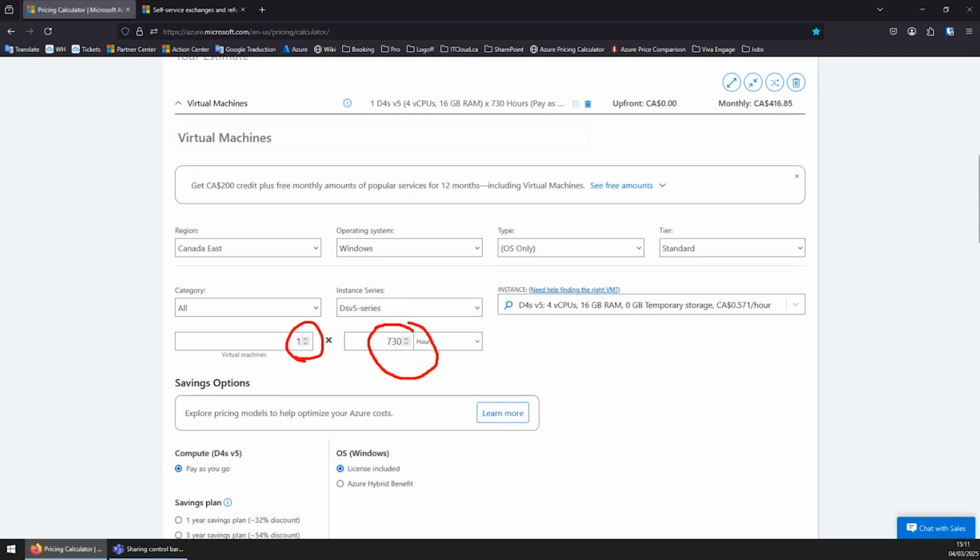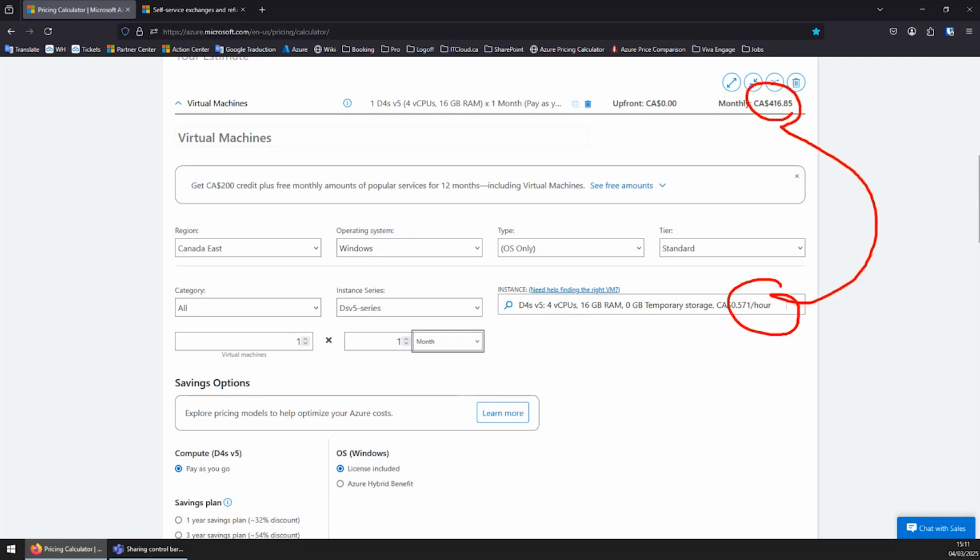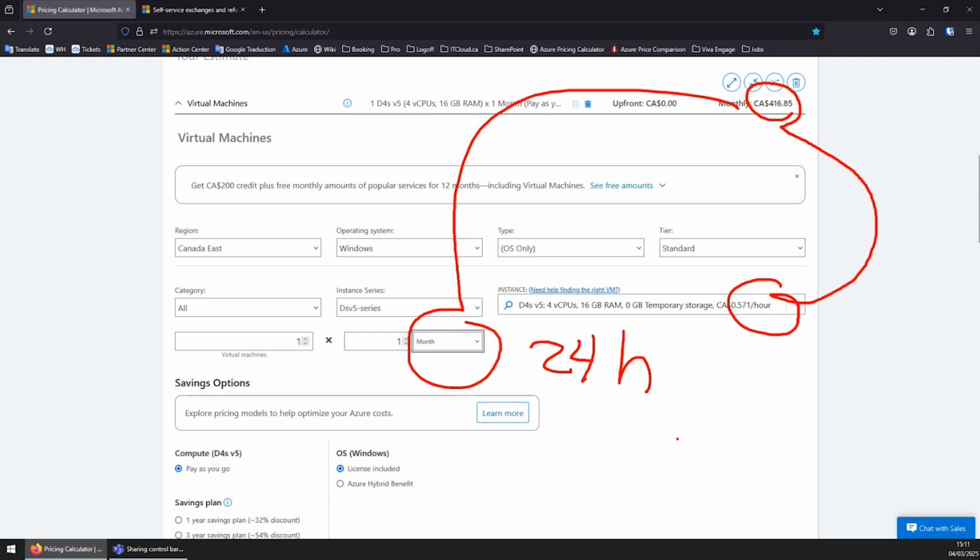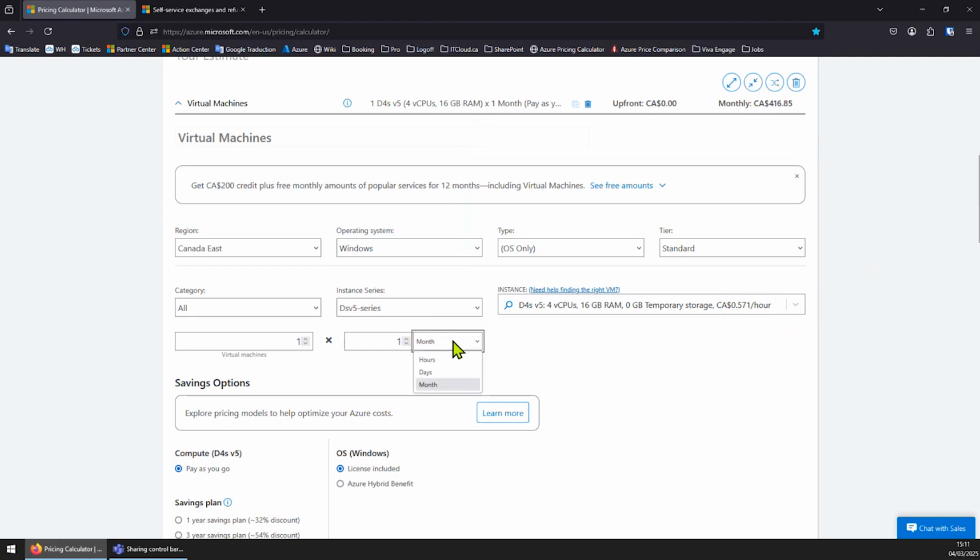730 hours per month. We only want to know how many hours per day it will be up and running. This is an hourly rate charged on the month. So this is the reason why. Remember, your server will stay up and running 24 hours per day. So go back here, and this is an average, only that.